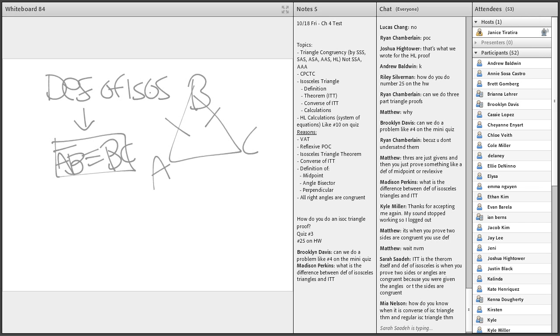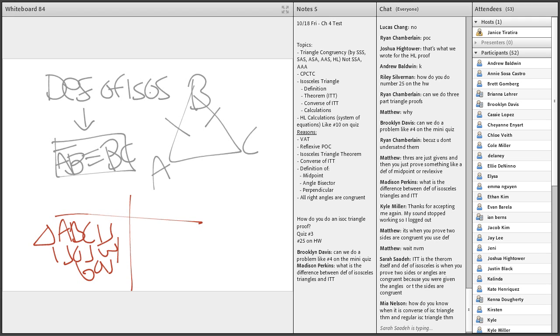So for instance, when do you use definition of isosceles triangle? If you had a statement that said ABC is isosceles with base AC, so that's the one you're not going to put tick marks on, then you say AB is congruent to BC by definition of isosceles.